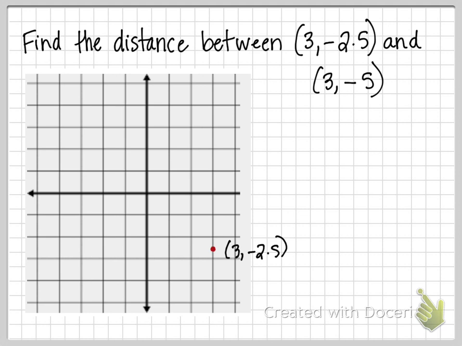And then we're going to (3, -5). So 3 to the right, down 5. 1, 2, 3, 4, 5. So that one would be right here.